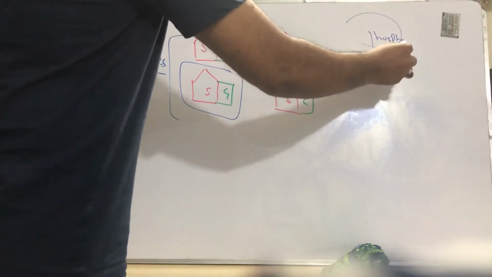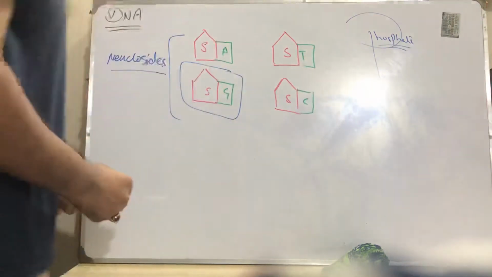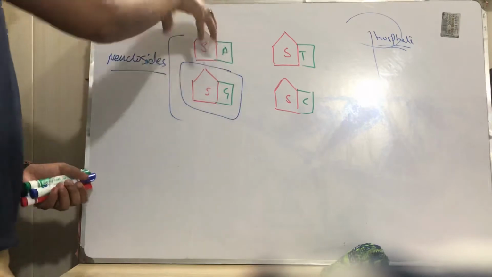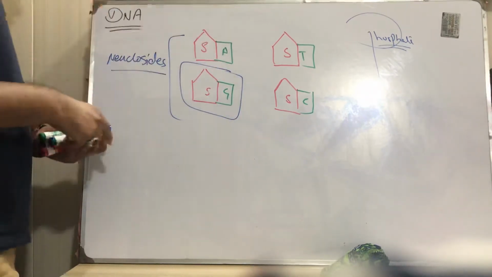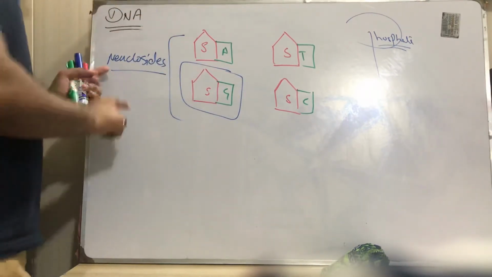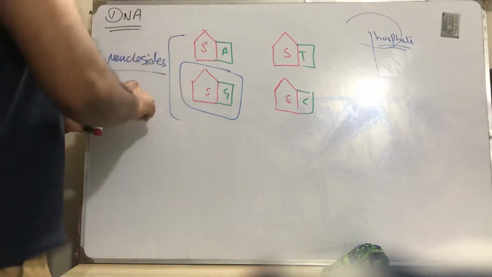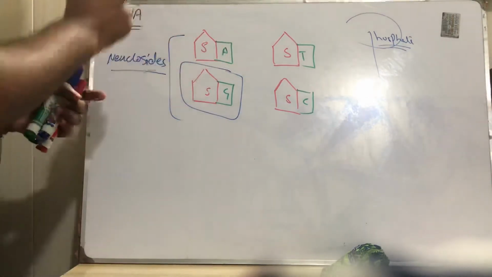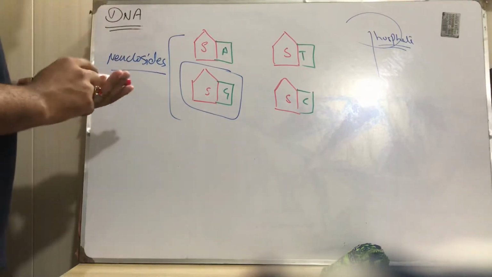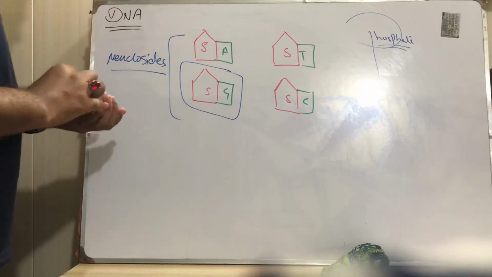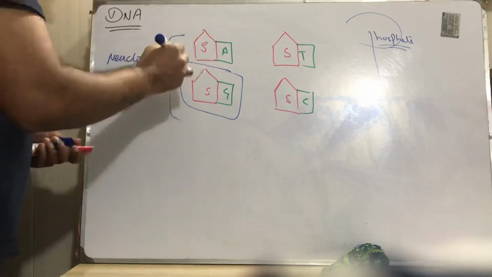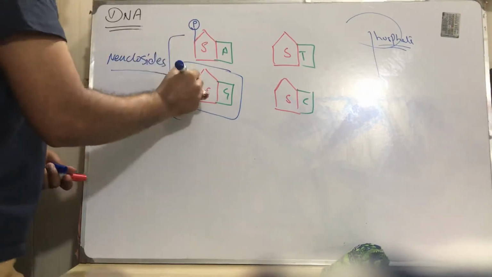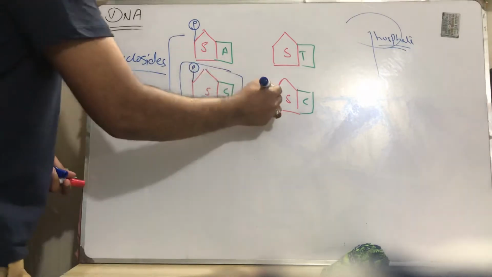We get the phosphate and attach it to the nucleoside, and then the nucleoside converts into a nucleotide. Where the phosphate is attached is not a hard and fast rule, but on carbon number 5 we attach the phosphate.